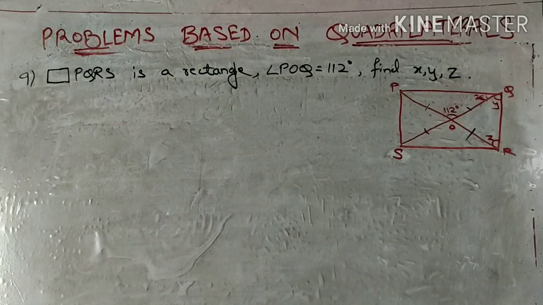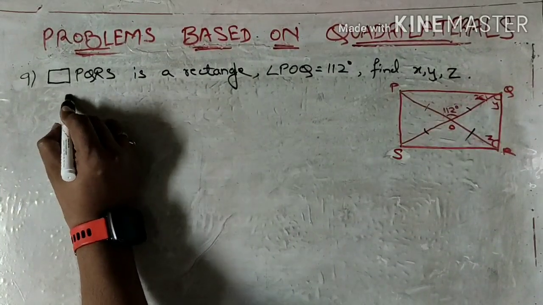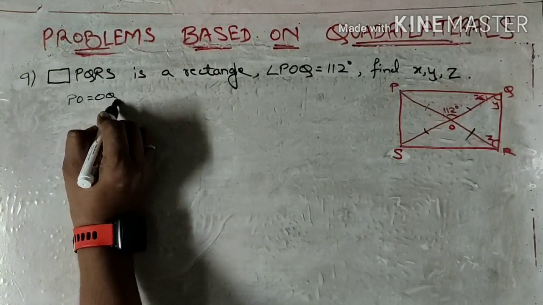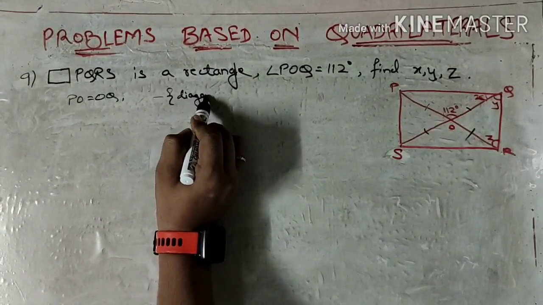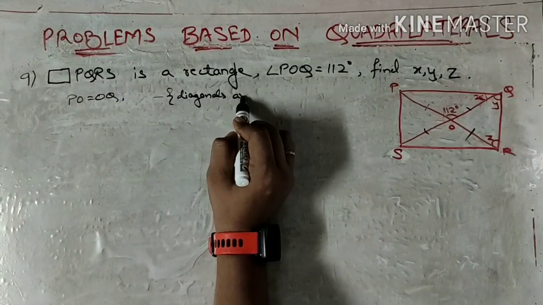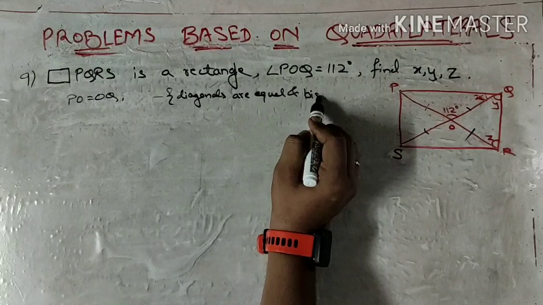Okay, and if that is equal, PO is equal to OQ. Reason: diagonals are equal and bisect each other in a rectangle.